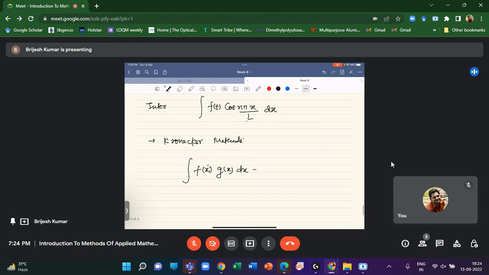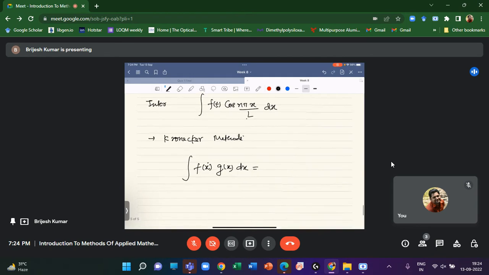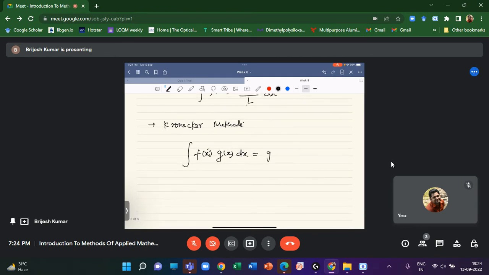If you integrate this by parts, you will get g of x times the integration of f of x dx, minus the integration of g dash x, where g dash is the differentiation of g of x, and again the integration of f of x dx, and then again the whole integration dx.